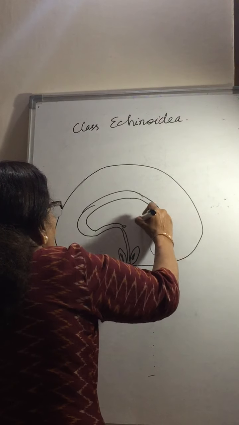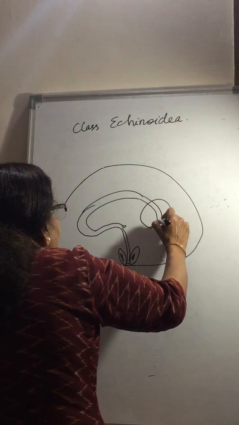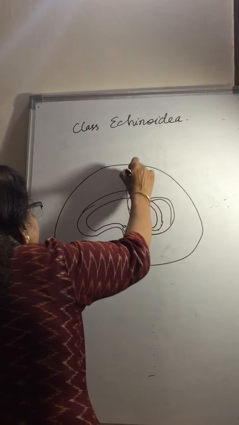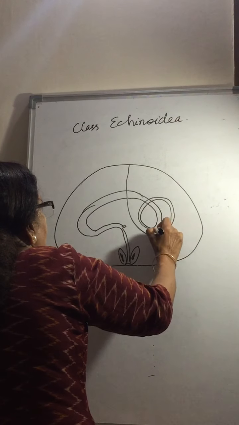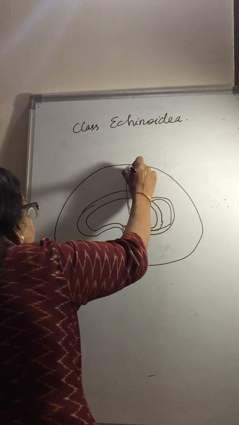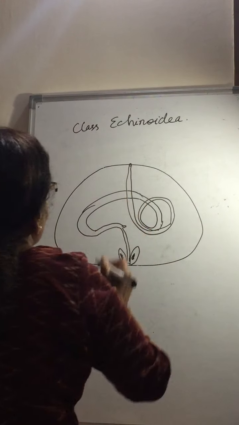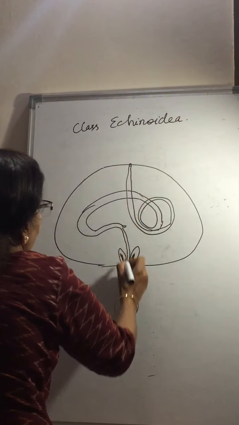The intestine coils itself, and then it opens on the aboral side of the animal by the anus. So now this is the alimentary canal.